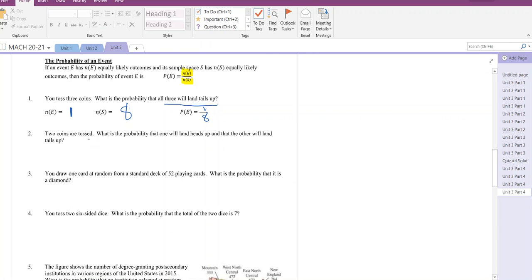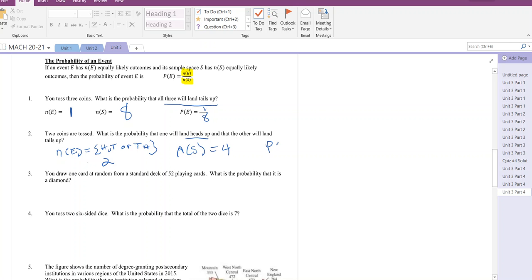When two coins are tossed, what is the probability that you get heads and then tails? For the event, you want either heads, tails or tails, heads, so there are two of those. When two coins are tossed, the sample space has 4 outcomes.